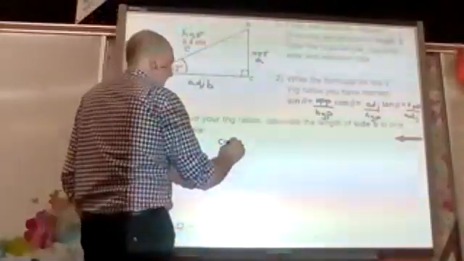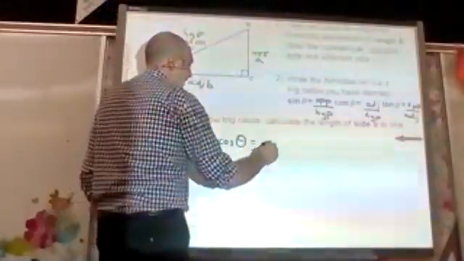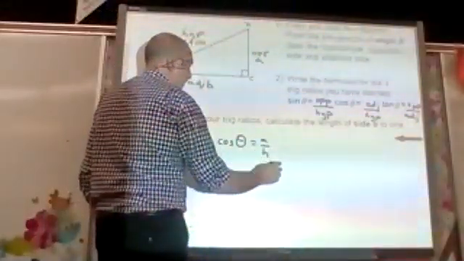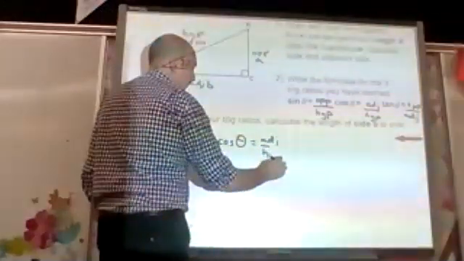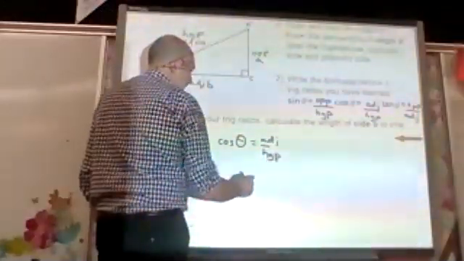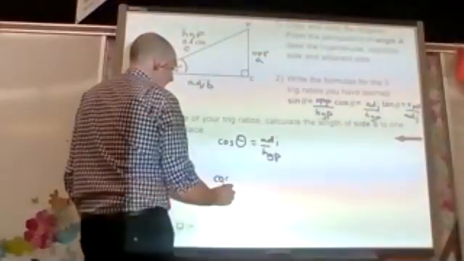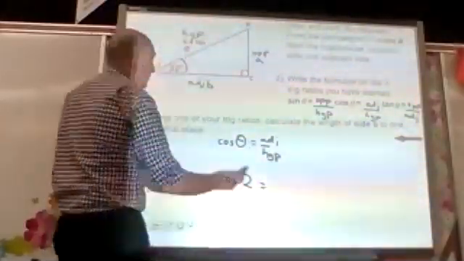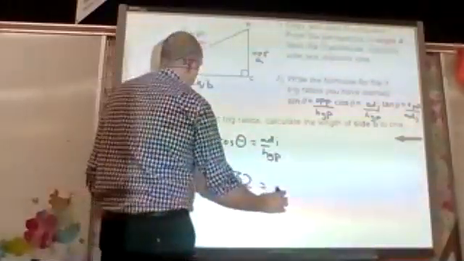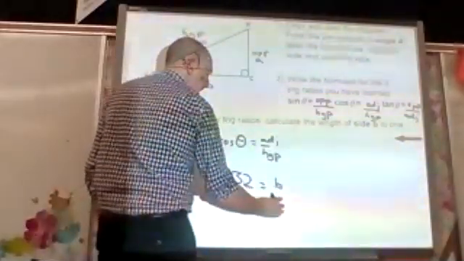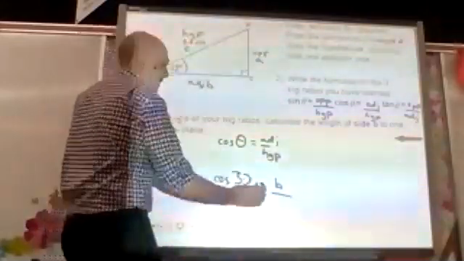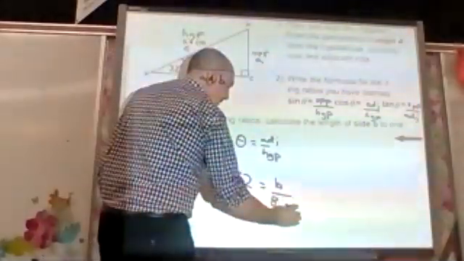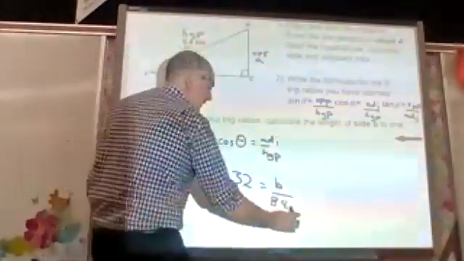We're going to use cosine theta equals adjacent over hypotenuse. So cosine of my angle 32 equals adjacent, which is b, unknown, over my hypotenuse 8.4, in this case centimeters.